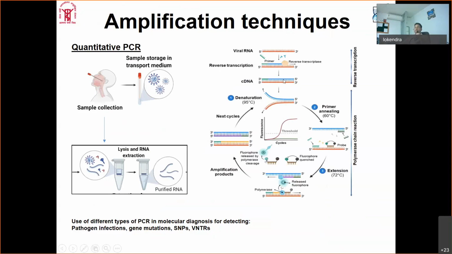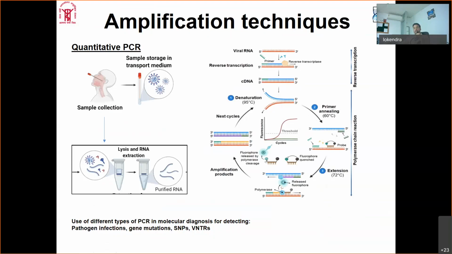So altogether you use this cDNA as a template for detecting. So if suppose n number of copies of viral RNA is present, it will convert to the cDNA, and this cDNA can be used as a template. So you need the primers and everything, and then again the normal PCR happens the same way the real-time PCR happens. The only difference is that we normally use probes, which are maybe 70 to 100 nucleotides long, and they are very specific to a particular portion of a genome.